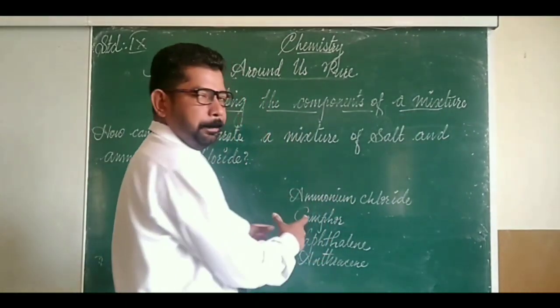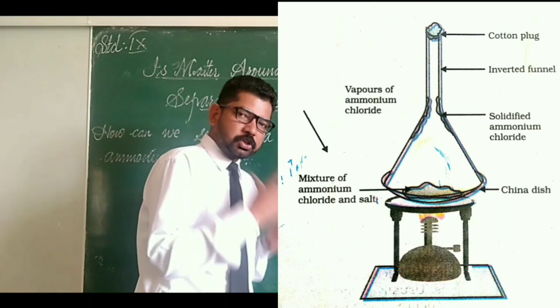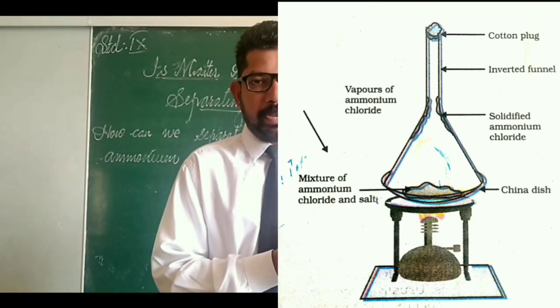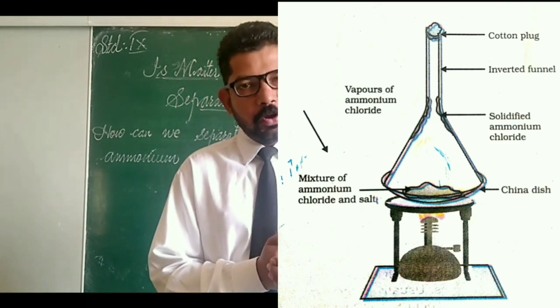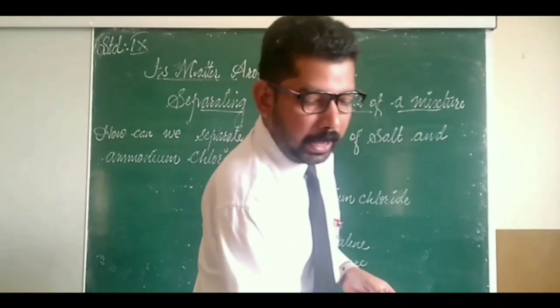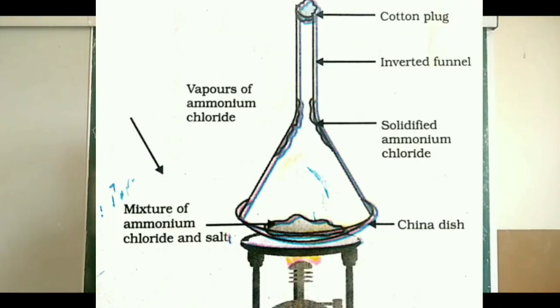The diagram is given, so just observe the diagram and we can memorize once again what we have learned in the first lesson. Here the apparatus has been given. In the watch glass we can take the mixture of ammonium chloride and salt and cover it with a funnel and close the end of the funnel with cotton, and we have to heat it.